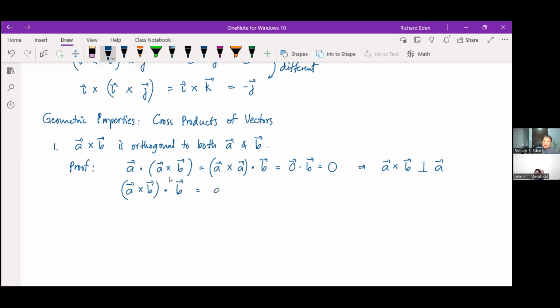So when we write down A, B from left to right, put dot here and then cross here, and then switch, we end up with a vector crossed with itself, B cross B. So that's a zero vector dotted with A, so it's a scalar 0. Same conclusion: A cross B is perpendicular to the vector B.